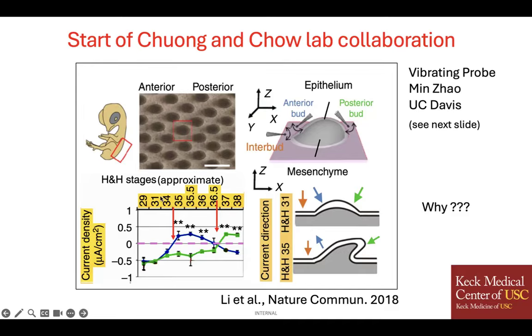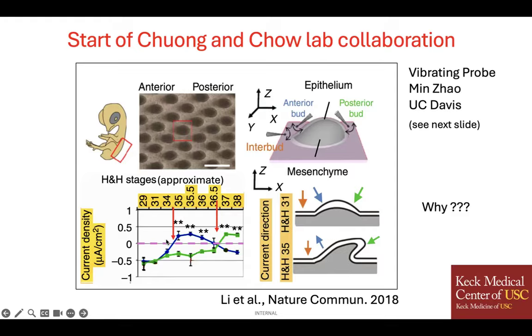And what you see, for example, at stage 31 is the currents, whether we're looking at the anterior, and that's blue here, or posterior, that's green here, the currents are both flowing in both locations into the skin. But notice at stage 35, we have a separation. The blue, the anterior, has currents flowing out of the skin, and the posterior has currents flowing into, and it turns out this, in this case, to be the feather bud tip.